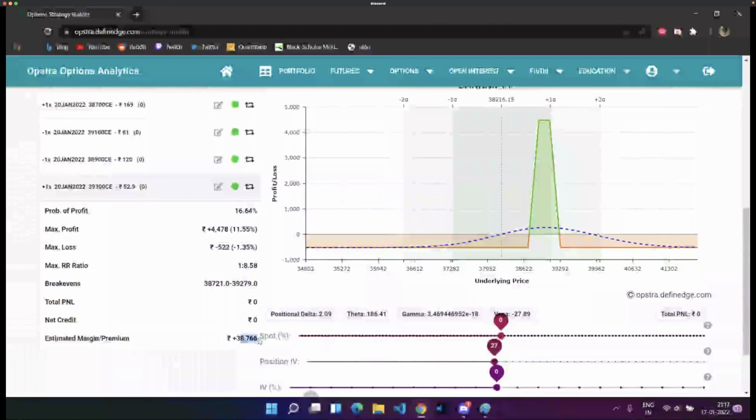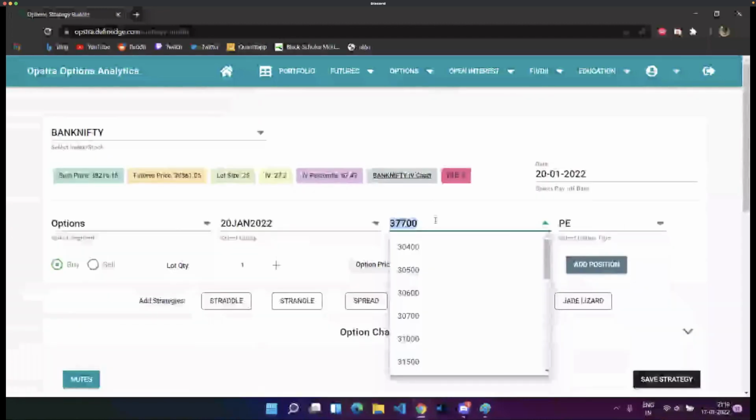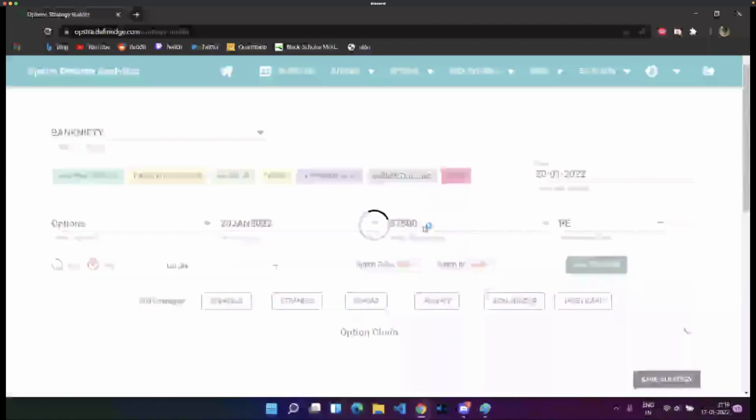Let's try 38,200, right? Starting at 700, so it's like 500 points away. So 37,700. 37,300, 37,100.